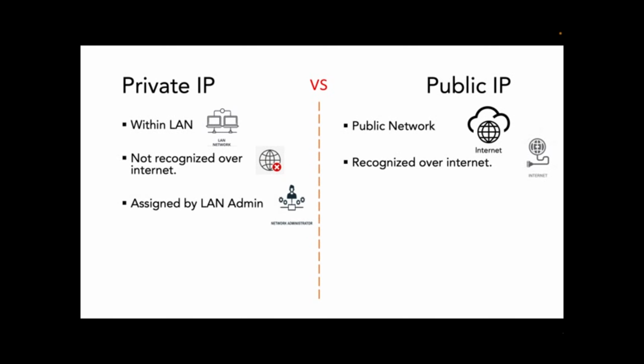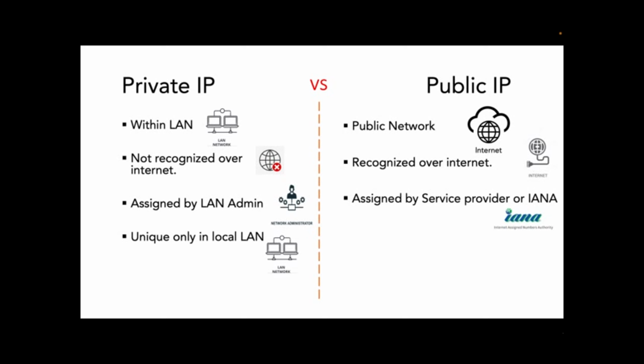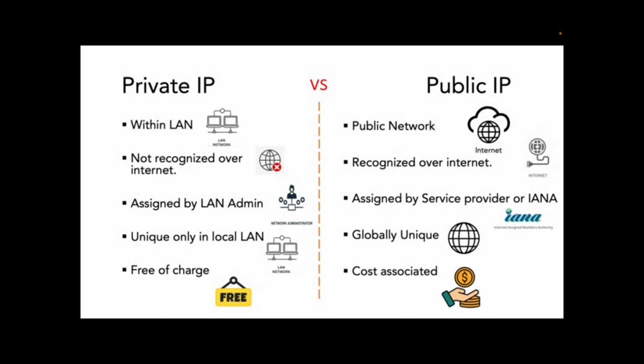Private IP addresses are assigned by your local LAN administrator, whereas public IP addresses are assigned by the service provider or IANA. Private IP addresses are unique only in your local LAN, whereas public IP addresses are globally unique. Private IP addresses are free of charge, whereas for public IP addresses, there is a cost associated with it.